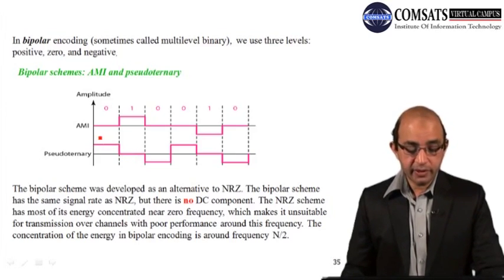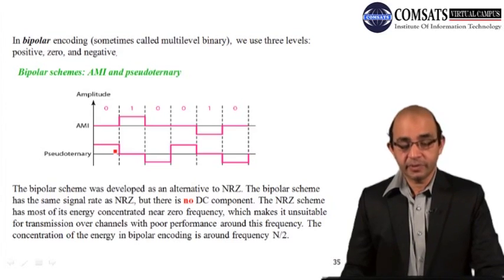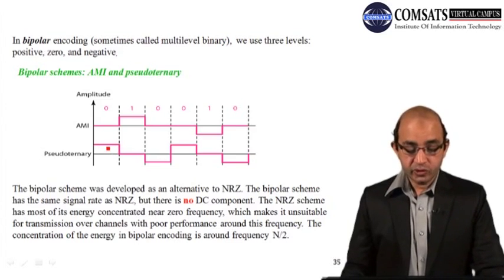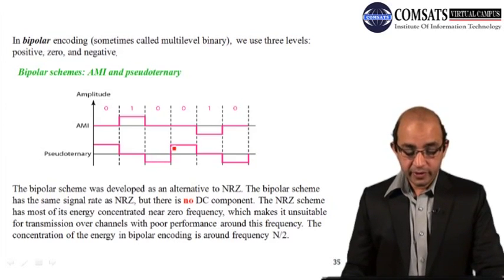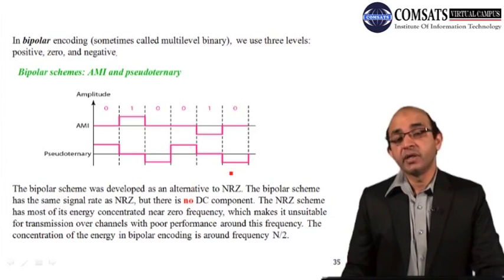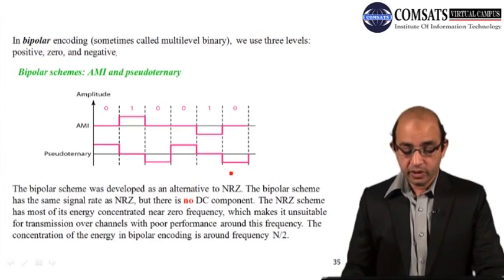If this 0 is represented by positive voltage, the next 0 has to be represented by negative voltage. This 0 is negative and the next 0 is represented by positive voltage. So inversion again, the absence of voltage is 1, and this 0 was represented by positive voltage, and here we are using negative voltage to represent the next 0.